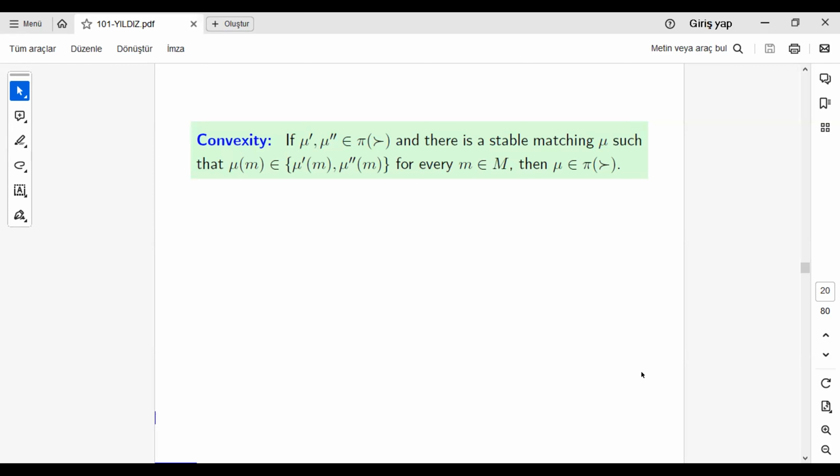Now take any agent, any man, and look at the two mates that he has in these two matchings.